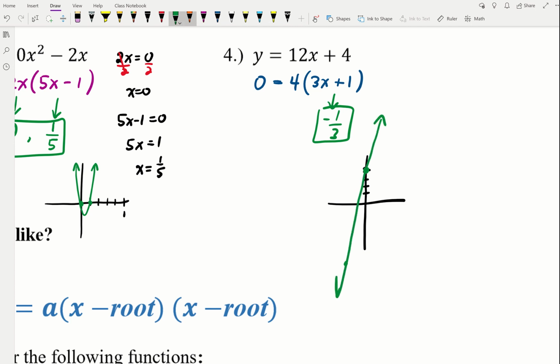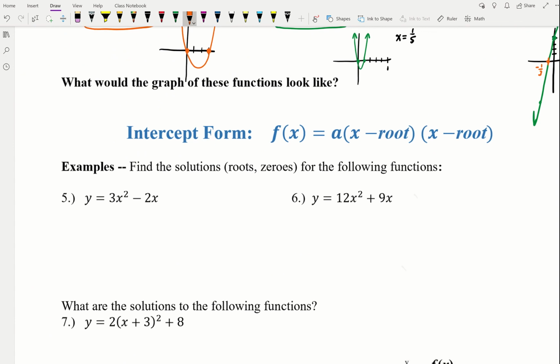and then my line would go through here. Well, if I had accurately done this on a graph, this particular value right here would be negative 1/3. So where our graph is crossing the x-axis would be at negative 1/3, which is not a great picture right there, but just trying to give you the idea of what's happening. All right.